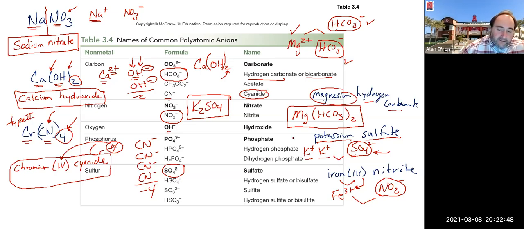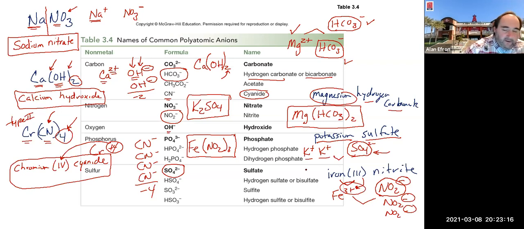And hopefully, as you can see, you need a few more of these guys, or a total of 3, to get us to -3. And what that means is when we put the formula together, 1 iron, again, multiple polyatomic ions, so we need parentheses, and the number on the bottom, again, meaning we have 3 of these nitrites at -1, -2, and -3 to balance out our +3 charge over here with our iron.